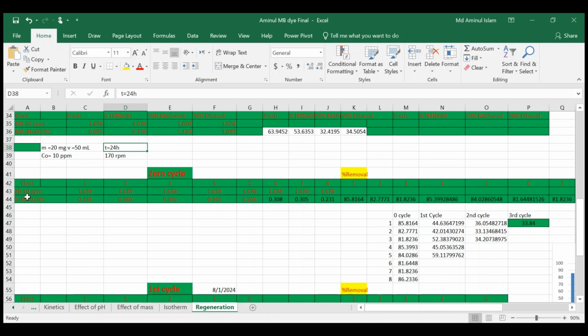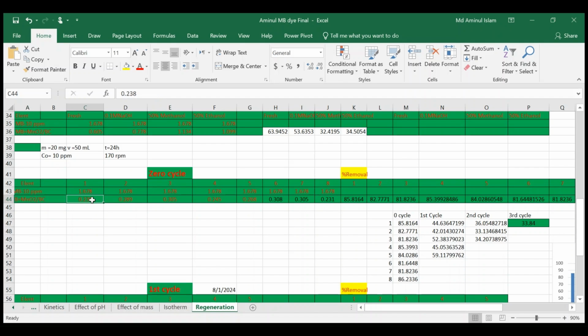So here is the data for 10 ppm biochar manganese dioxide loaded methylene blue. For zero cycle, the absorbance of 10 ppm methylene blue is this, the same for all 8 samples, and this is the absorbance of each sample.